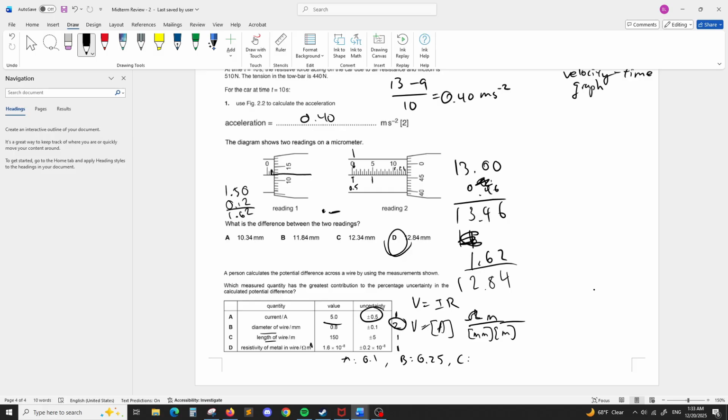So you have to multiply the percentage uncertainty by 2. For C, it's 5 divided by 150, and you get 0.033. And for D, 0.2 divided by 1.6, it's going to be 0.125. In this case, it's going to be B.